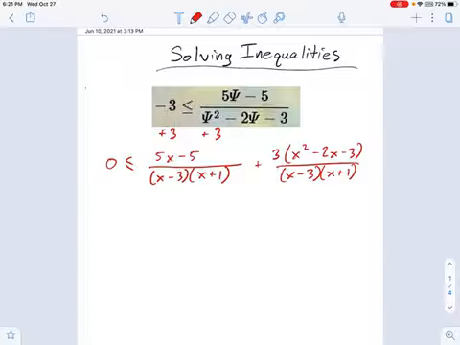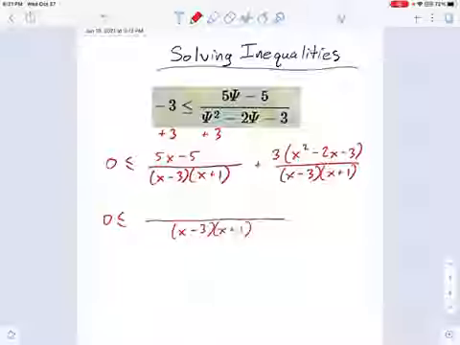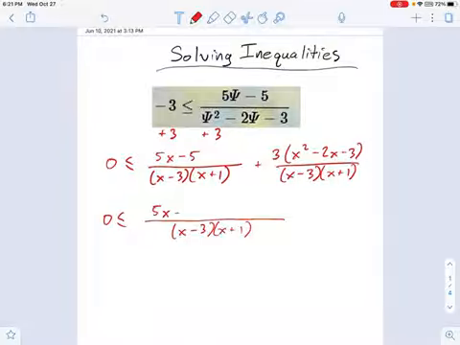And now I need to combine all this stuff on the right into a single fraction. So to do that, we're going to say 0 is less than or equal to, and now we have a big fraction. Common denominator, right? x minus 3 and x plus 1. And the top of this fraction is 5x minus 5 plus 3x squared minus 6x minus 9.